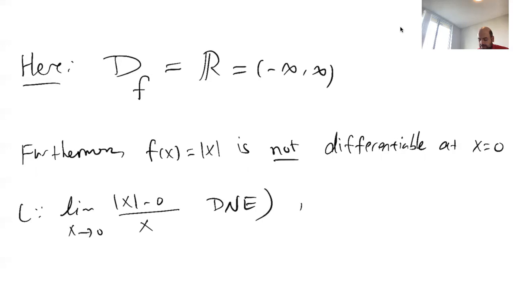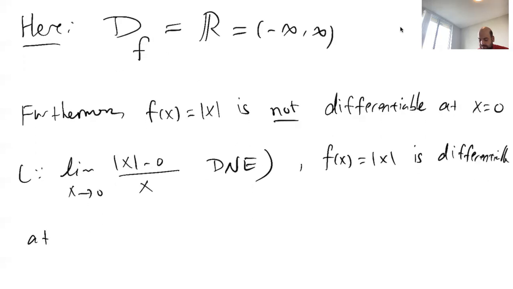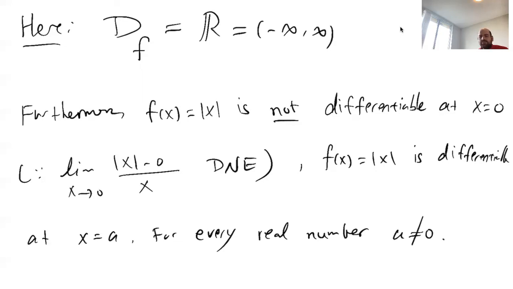And f of x equals absolute value of x is differentiable at x equals a for every real number a not equal to 0. So at 0, the function is not differentiable, but at every other point it is differentiable.